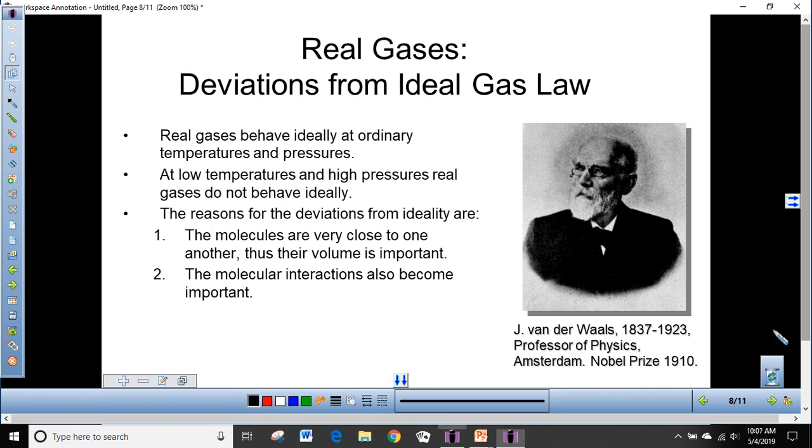So the real gas law, created by van der Waals, who was a physics professor, took into account the fact that there is volume, and he took into account that there is intermolecular attraction going on. So this beautiful formula you're about to see is the real gas formula. It's what's really happening with the gases.